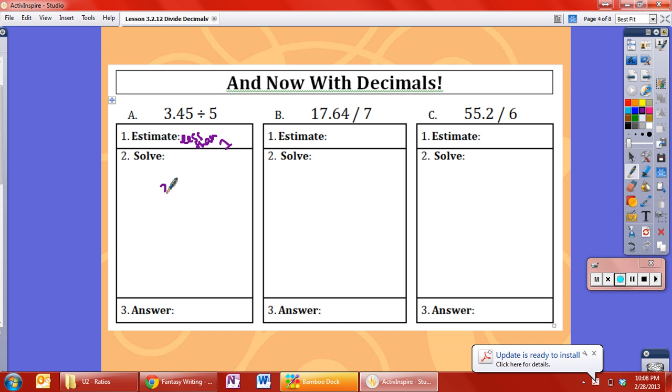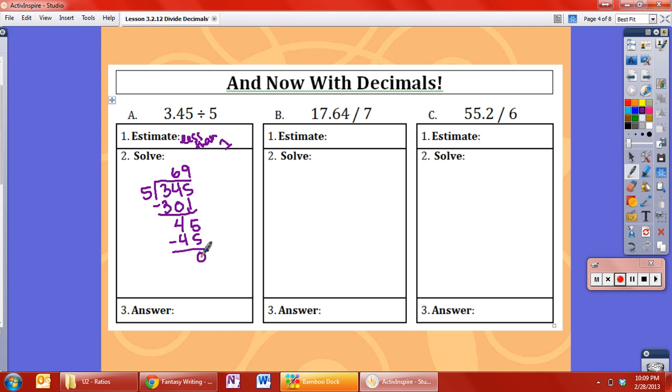So then when I solve it, it's 345 divided by 5. 5 doesn't go into 3, but it does go into 34 6 times. 6 times 5 is 30. That's my multiply. Then I need my subtract step. Compare, 4 is smaller than 5, so I can keep going. Bring down. And repeat. 5 goes into 45 9 times. 9 times 5 is 45, and when I subtract, I get 0, and I can stop because there's nothing left to divide.